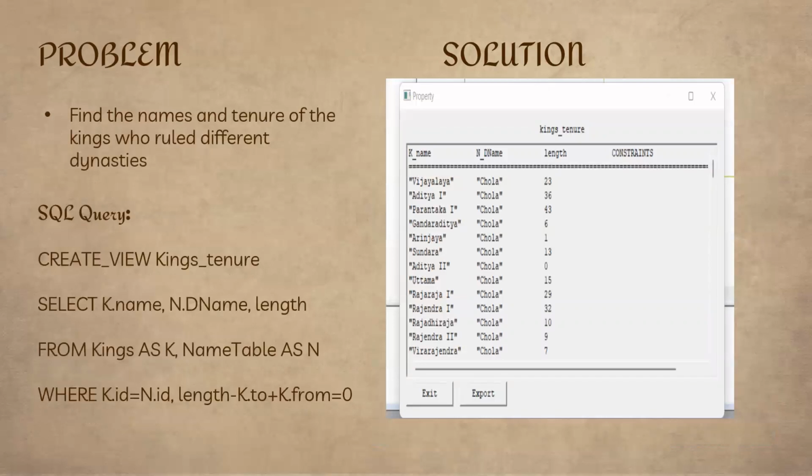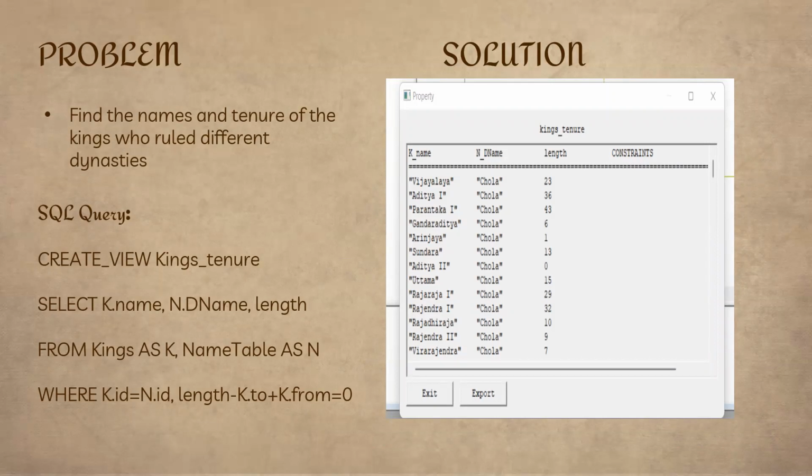This is another interesting query which we thought to find the tenure of kings who have ruled over the years. The query selects king name, dynasty name, and length. Length is the difference between to and from in the king's table.